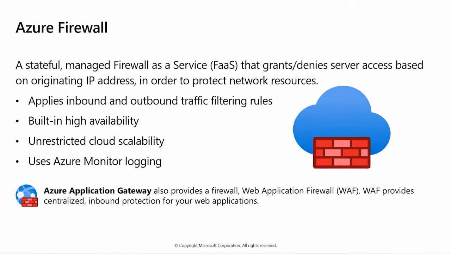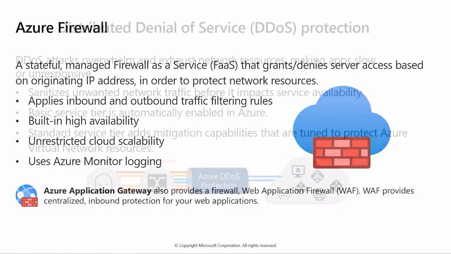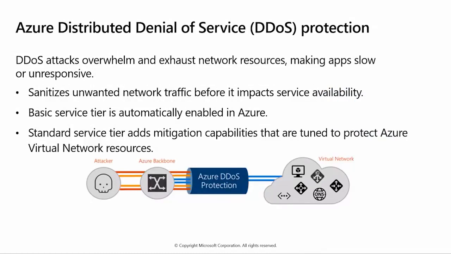So, firewall, perimeter layer. Another piece of perimeter layer protection that's offered is distributed denial of service protection. Before we talk about what this protection is, let's talk about what an attack is.